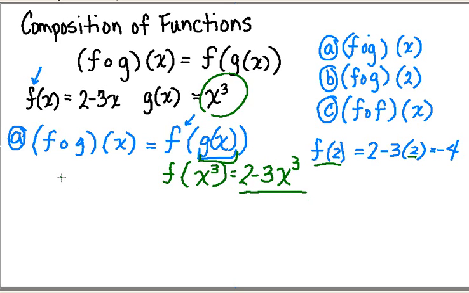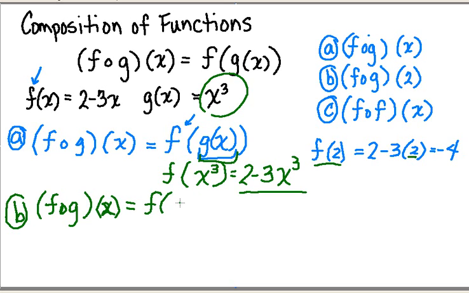The second example asked me to actually do a number. So I'm going to do f of g of 2. So now this is going to be equal to f of g of 2.